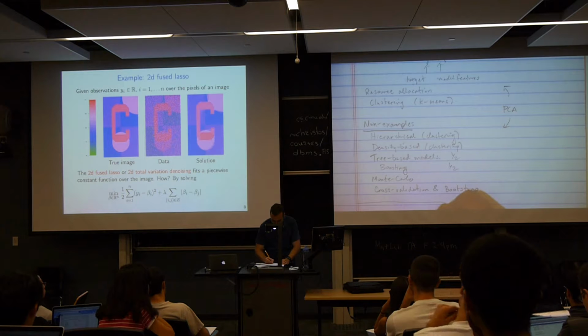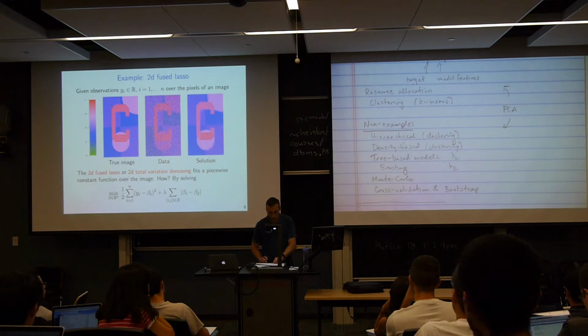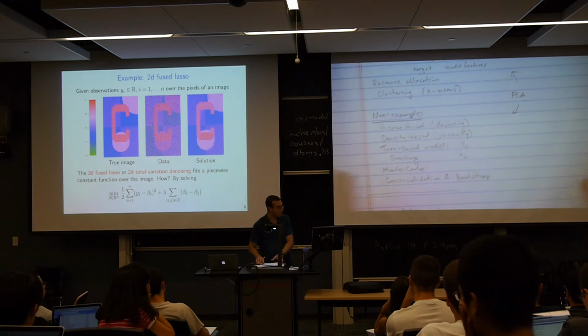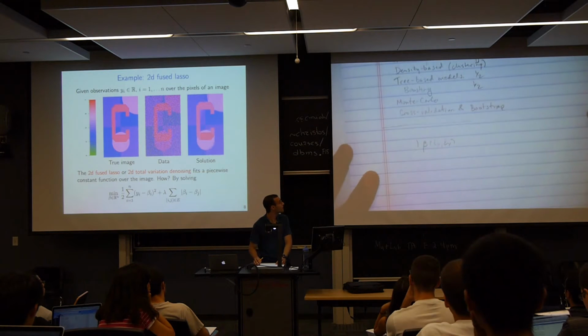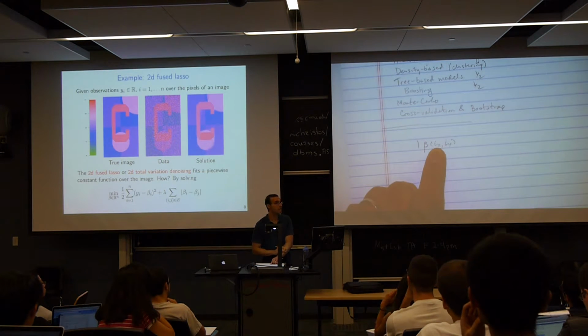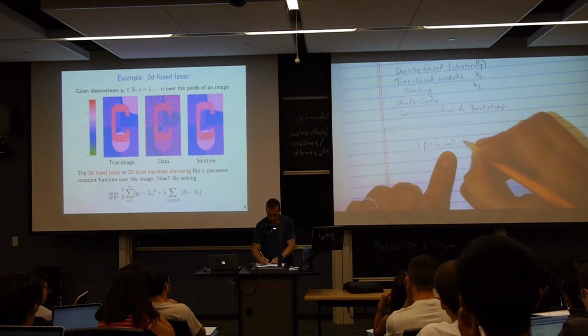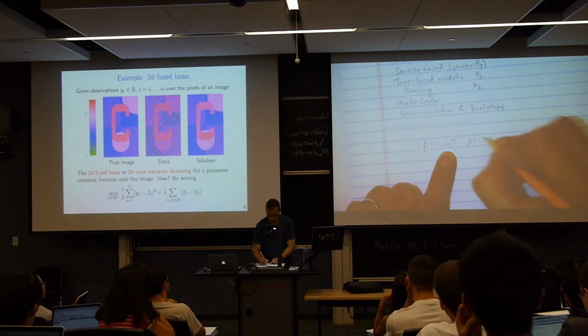So right now, we're just looking at if I add 1 to the x index or I add 1 to the y index, we're just penalizing the absolute difference between these two. Right? That's what the penalty is looking like right now.